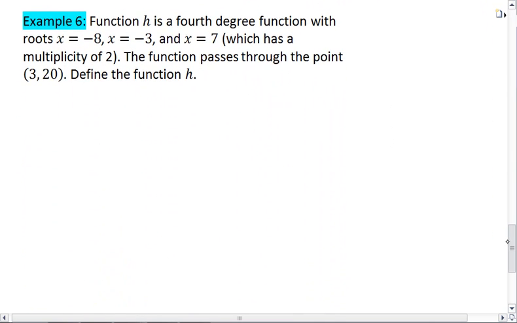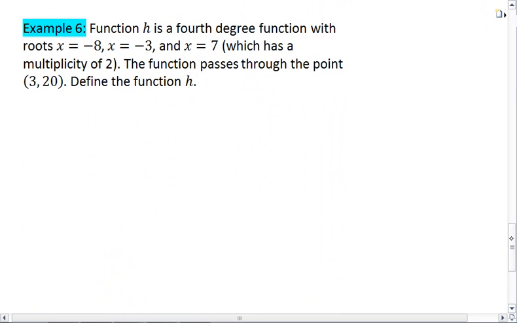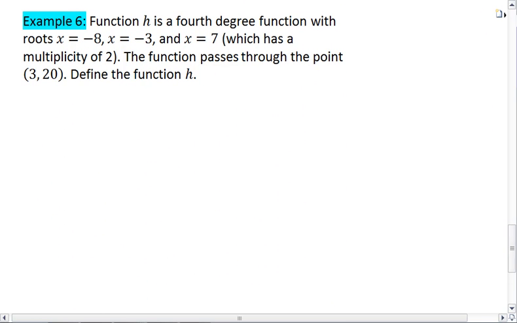Example 6. Function h is a 4th degree function with roots at x equals -8, x equals -3, and x equals 7, which has a multiplicity of 2. The function passes through the point (3, 20). Define the function h.